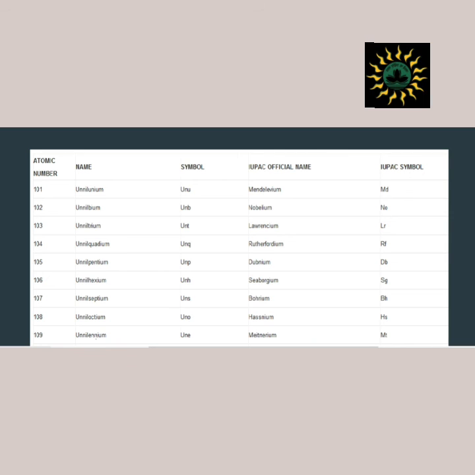So unnilenn and the last is ium, so the symbol will be UNE. So in this way you can name any element more than 100. So this will come in short questions like 1 mark questions. Write down the IUPAC naming of elements like 104, 107 like that.